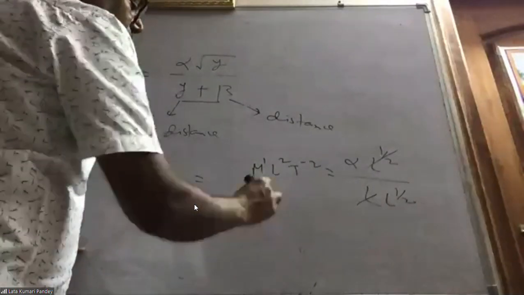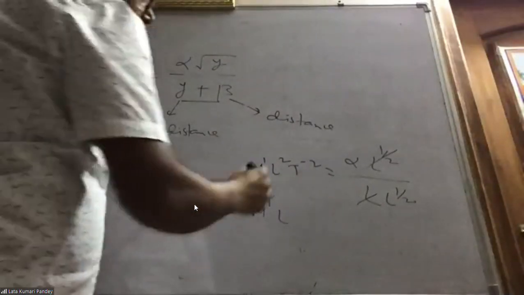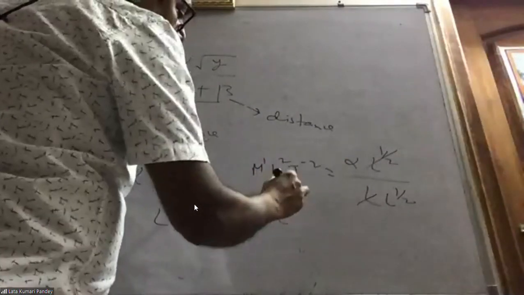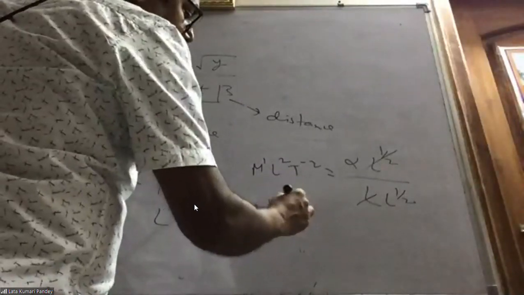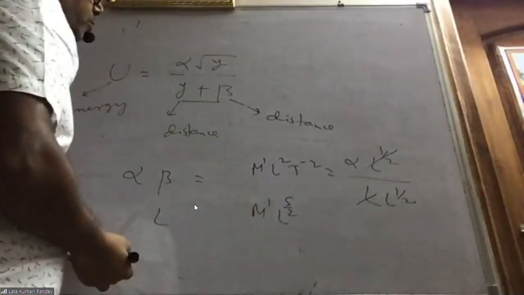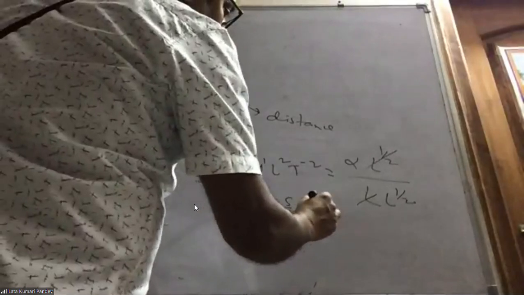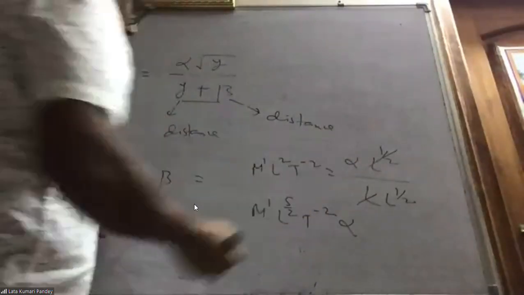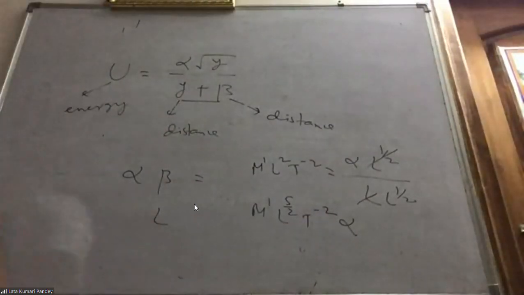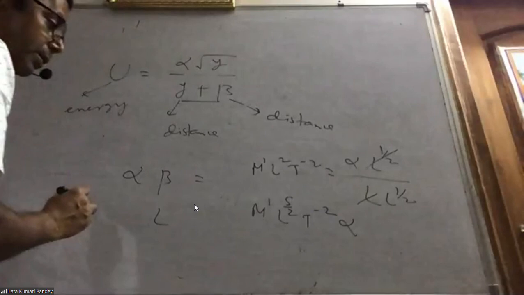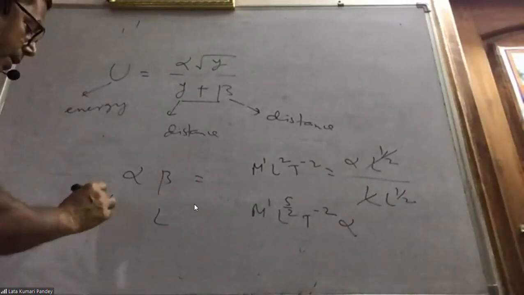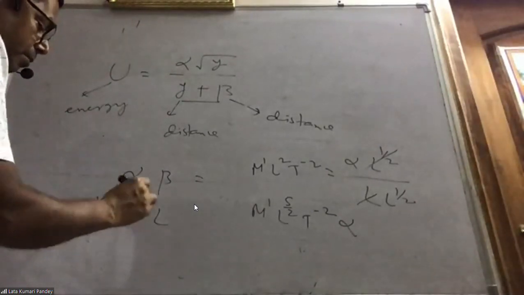So this is M power 1, L power 2 plus half, 5 by 2, into T power minus 2. This is alpha. And beta is L. So how much will you get? Alpha into beta. Alpha is M power 1, L power 5 by 2, T power minus 2.